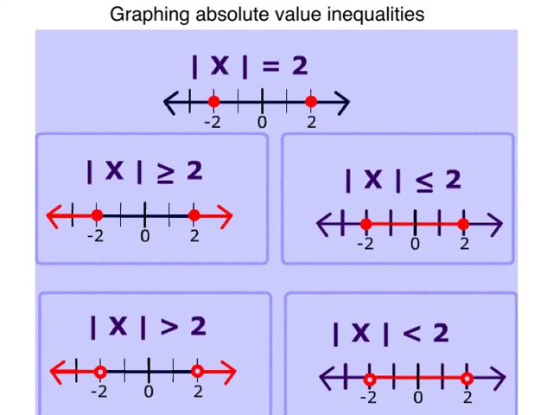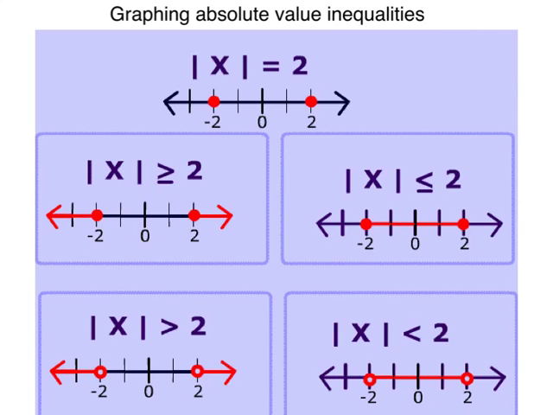Well, here's the different ways. This says the absolute value of x is 2. Well, since absolute value is a distance from 0, it can be both positive 2 and negative 2. So we're going to put a closed circle on both of those.